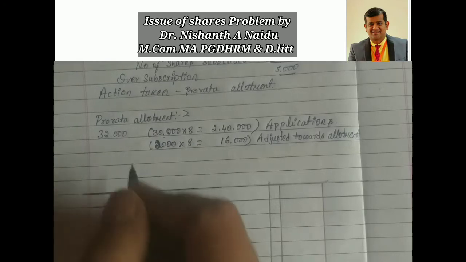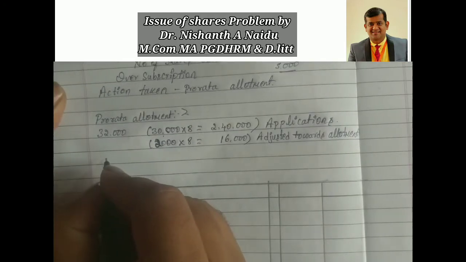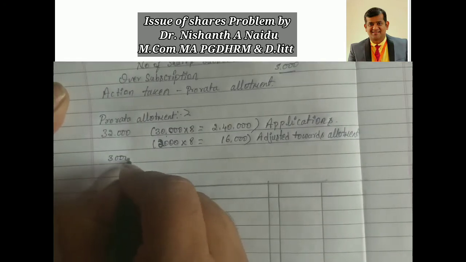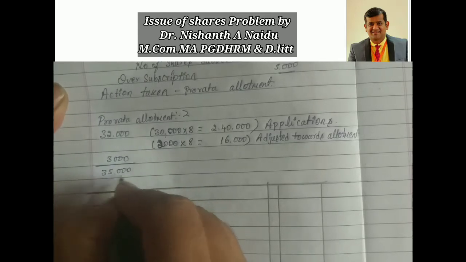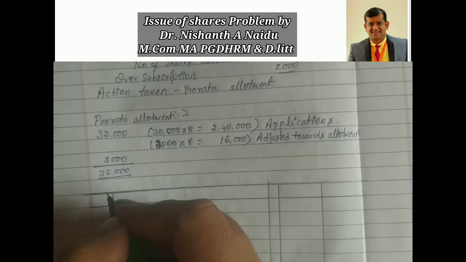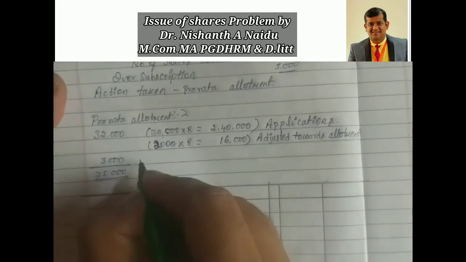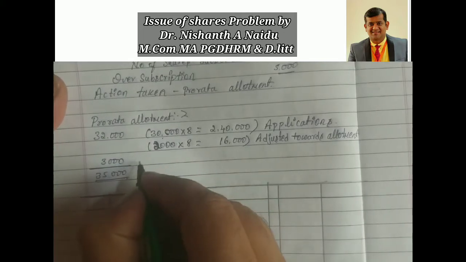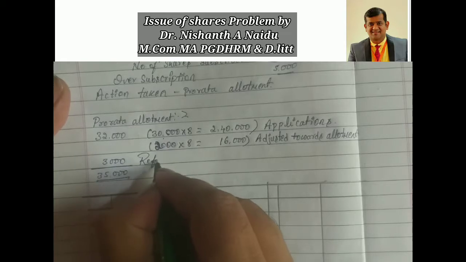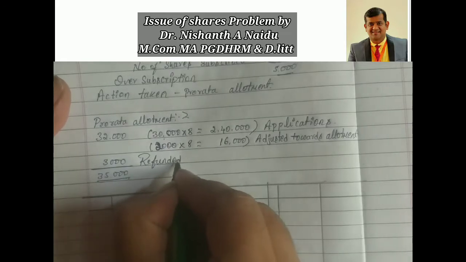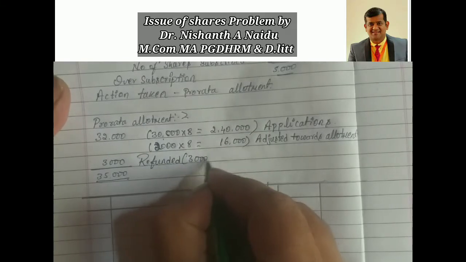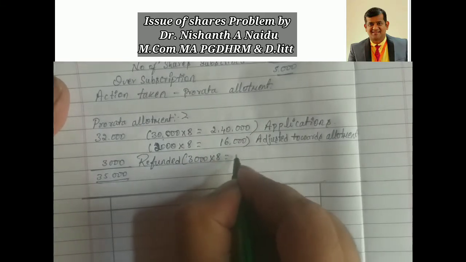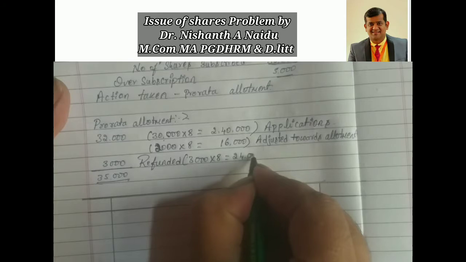Now 3,000 shares we are rejecting, correct? In total, we got 35,000 shares applied by the public. So this 3,000 is refunded because it has been rejected. The refund of application money is 3,000 into 8, which comes to 24,000.